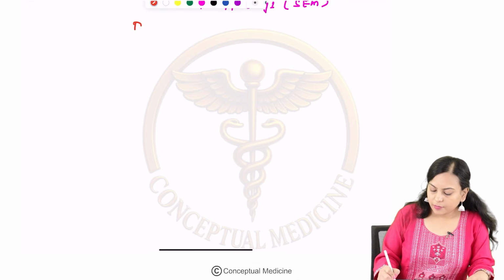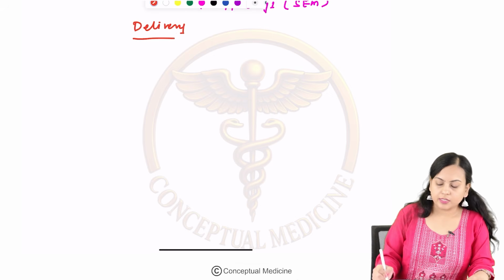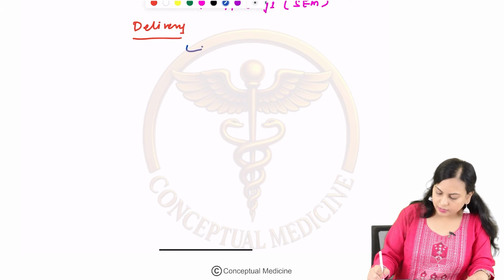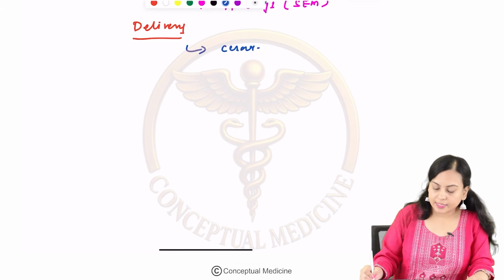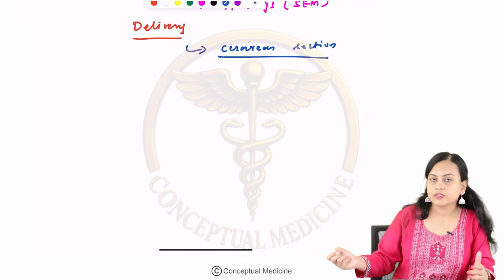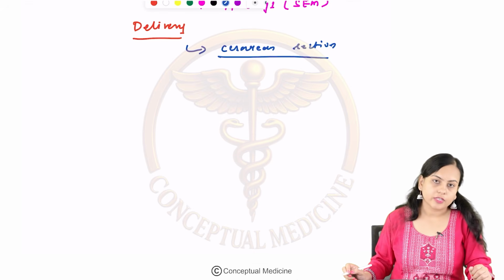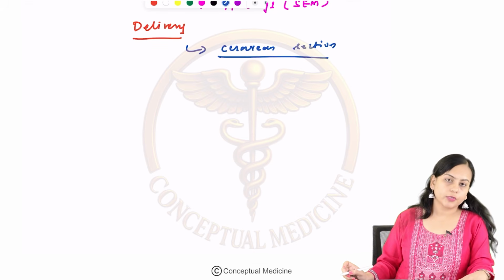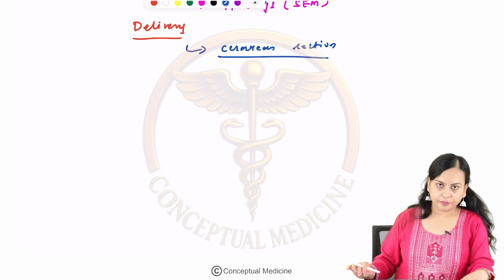And if you plan for the delivery in this infection, you have to plan delivery by cesarean section, because the transmission is going to happen through the genital tract of the mother. So, we are not going to permit natural labor here, right?